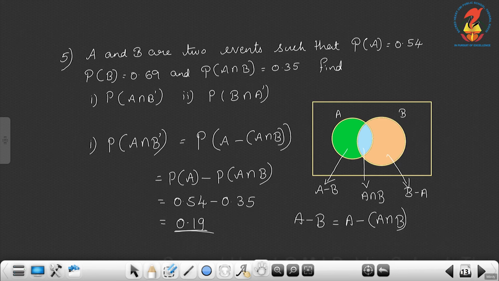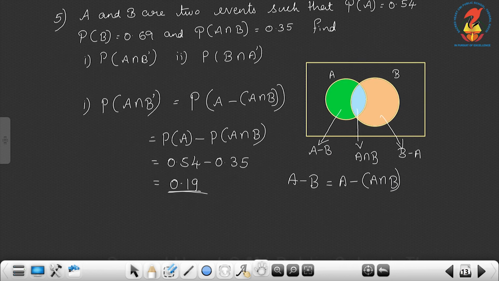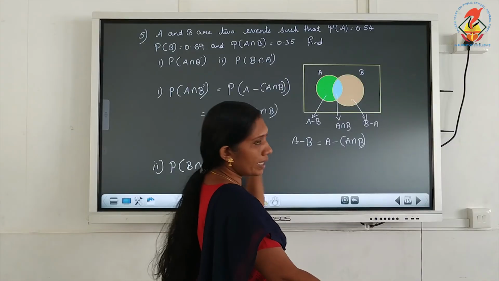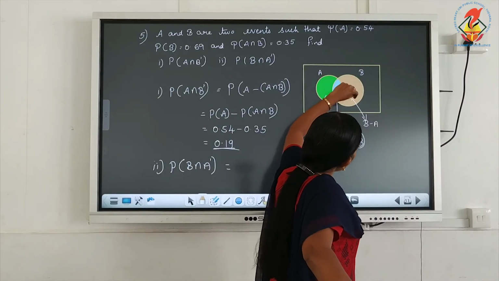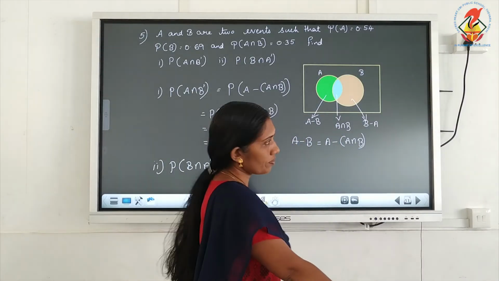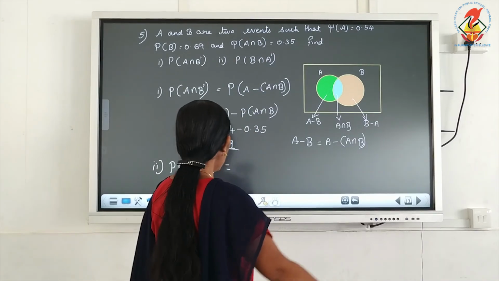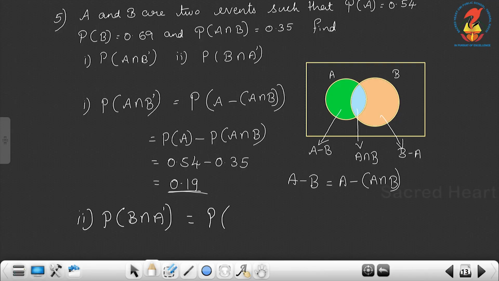Now the same way calculate the next one. Second one is P of B intersection A complement. So A complement means other than the small circle, everywhere you have to shade, that is A complement. Then intersection B means this peach color portion. Okay. Now how do we write in terms of intersection?